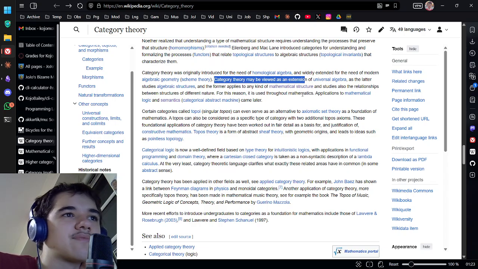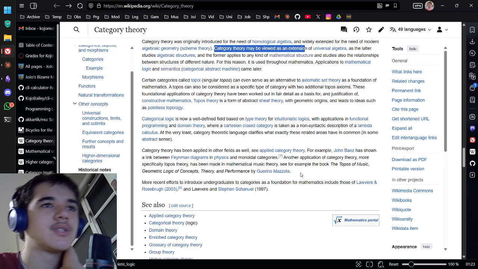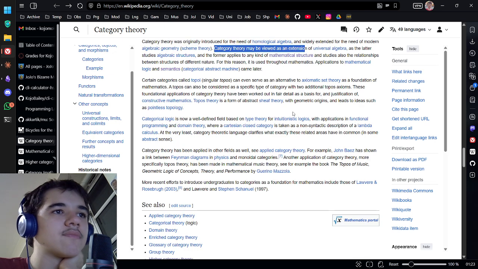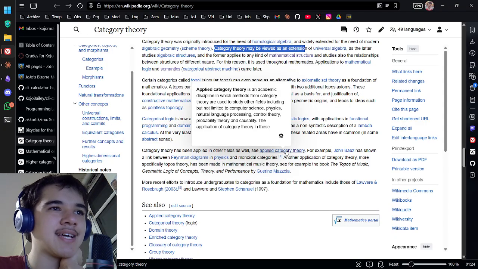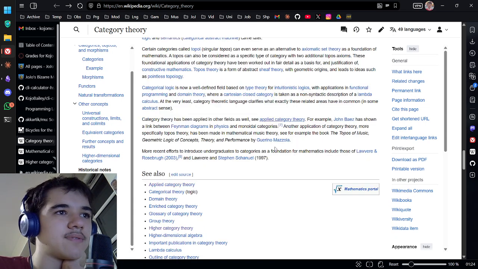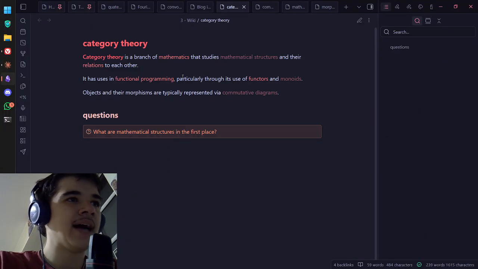Yeah, clearly. Mathematical logic and semantics came later. Topoi, topos, okay, whatever. Feynman diagrams, applied category theory. Computer science, physics, natural language processing, control theory. Cool. So, that is an overview of category theory.